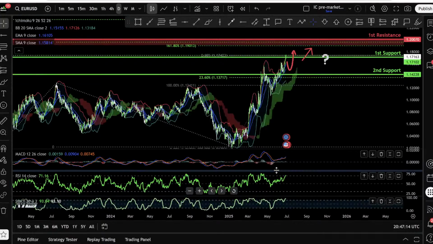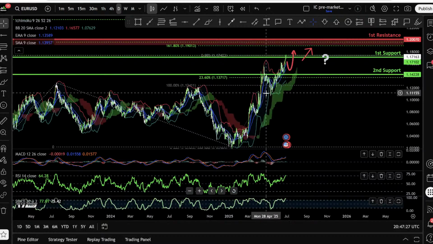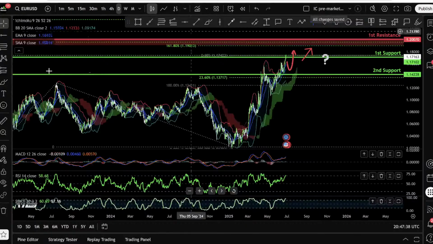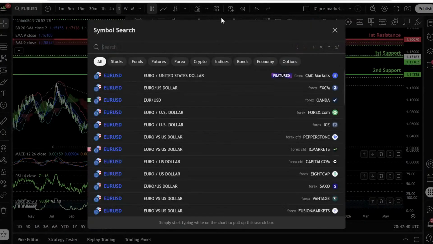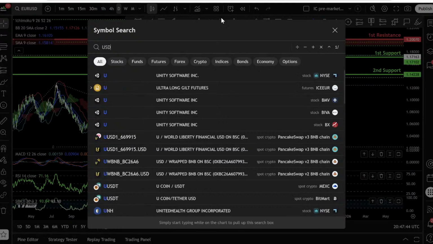If there are no questions, let me see if we have any other requests. We still have some time, so we can maybe look at another major pair. Okay, yeah, let's look at dollar yen.